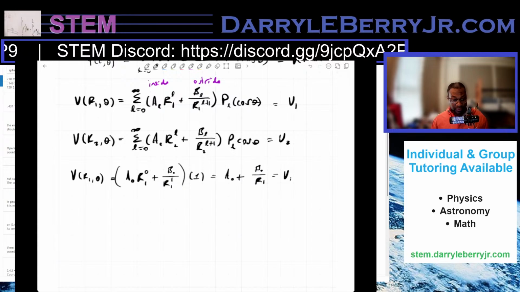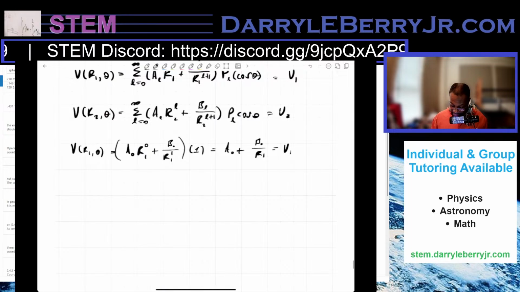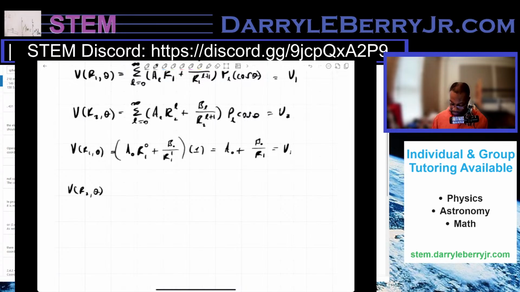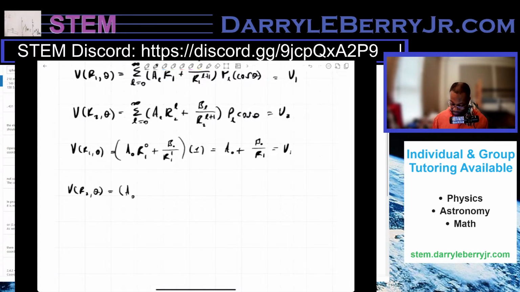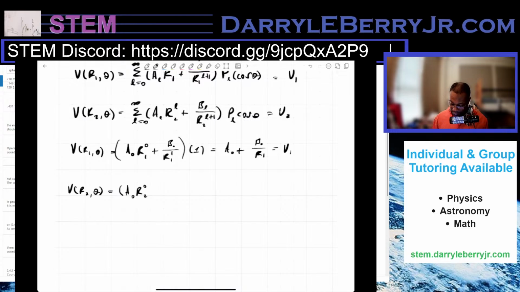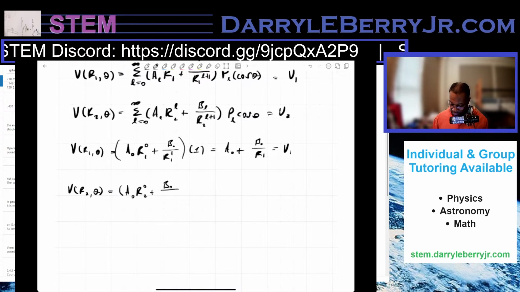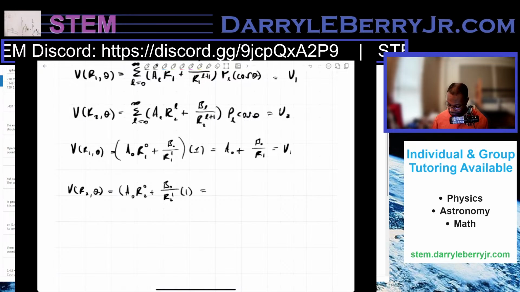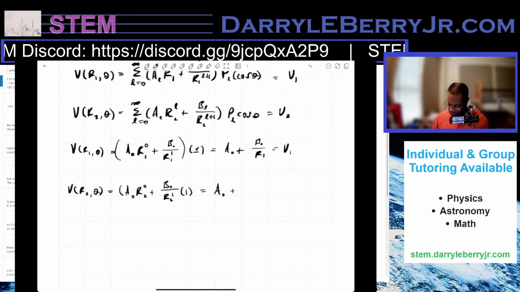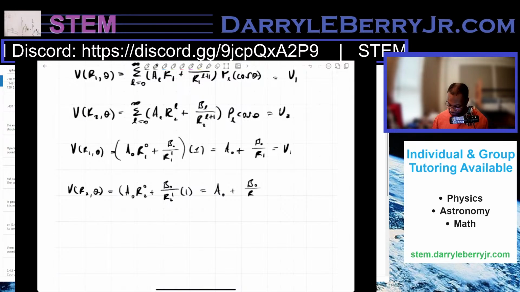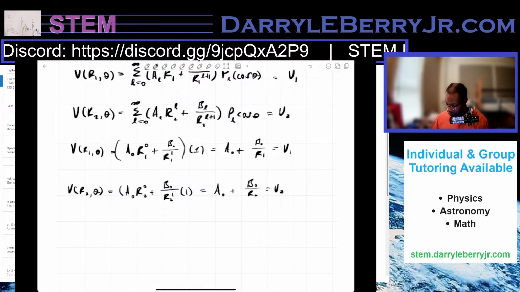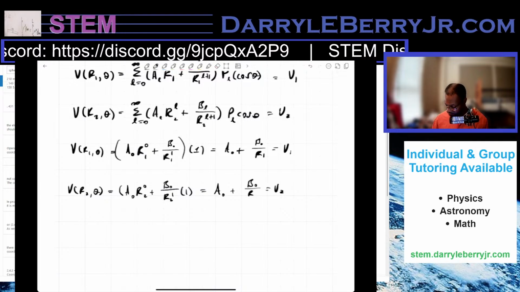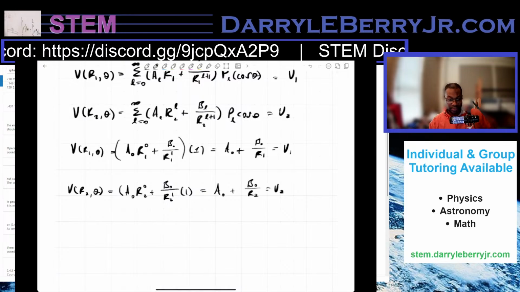Right? A0 plus 0. Okay, so that looks right. And then we have, all right, so we have those two.